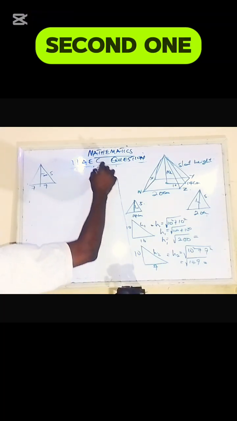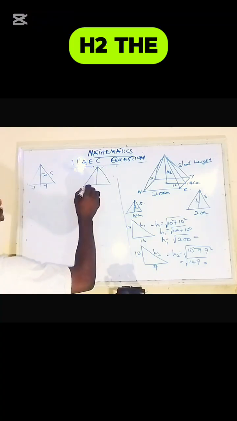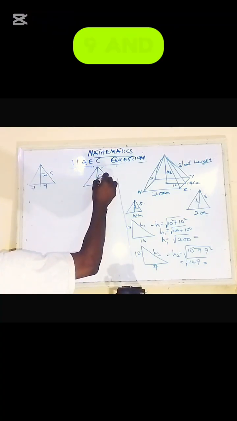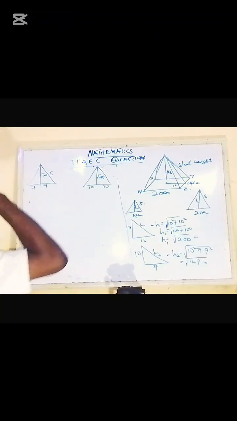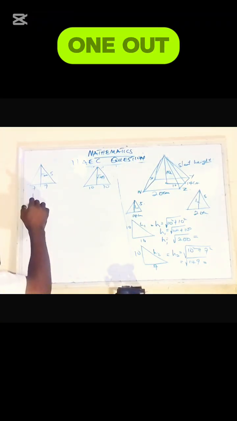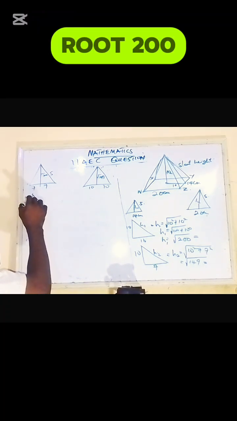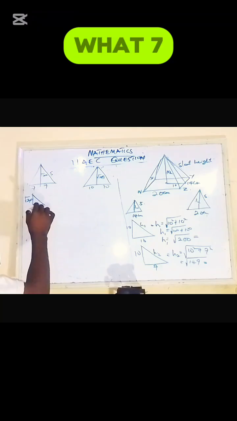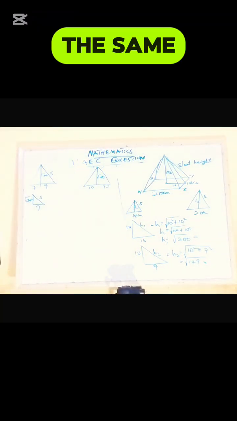The second one, H2, we got square root of 149, and down here is divided into 10, 10. So now I can find this. I can bring one of these out like this. This is root 200, this is 7. So I can find this slant height S. It's going to be the same on both sides.